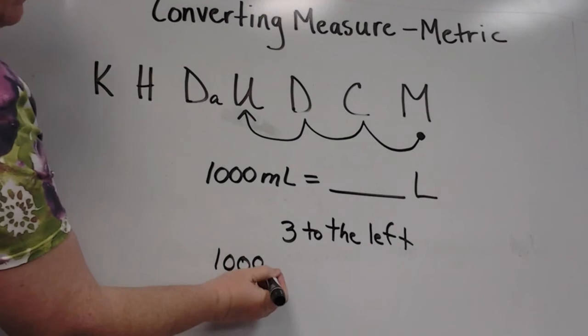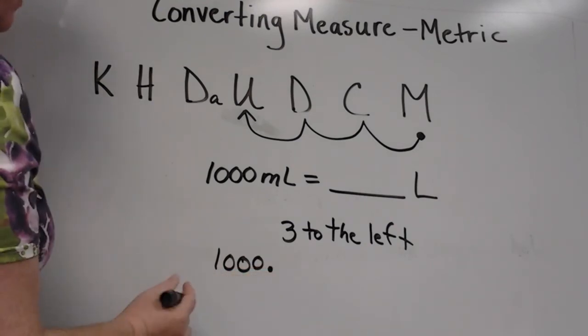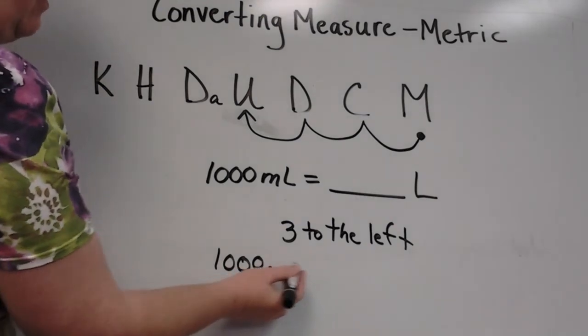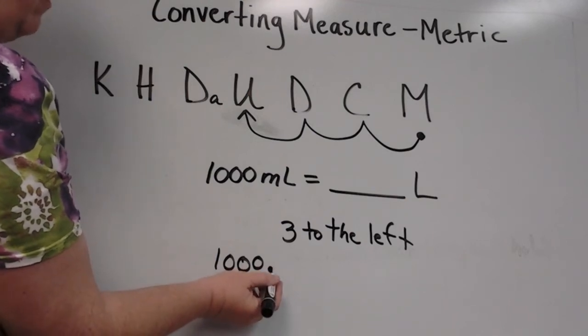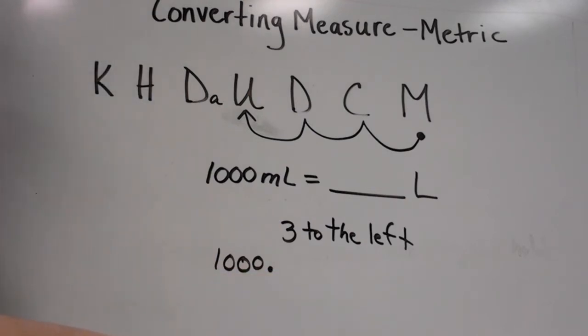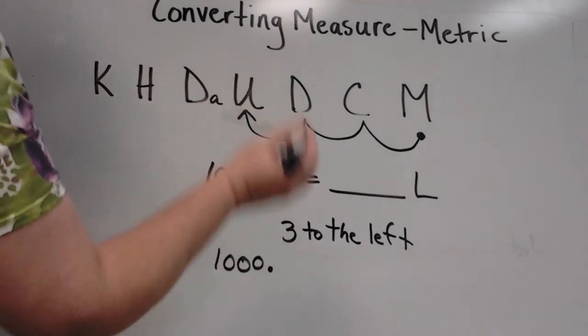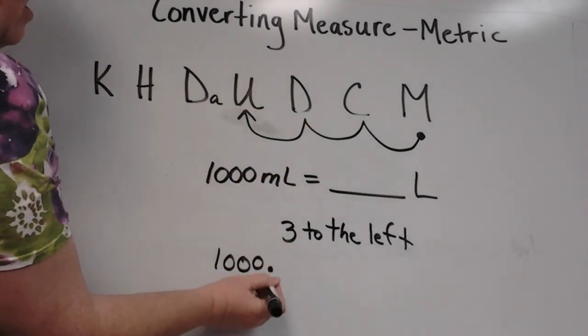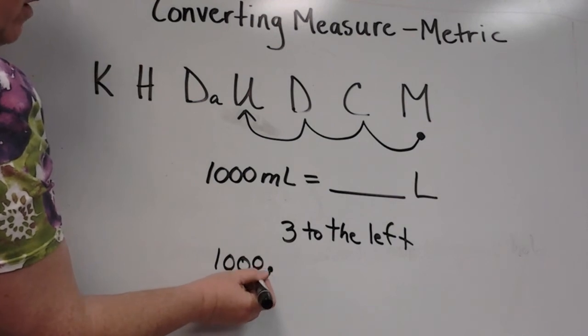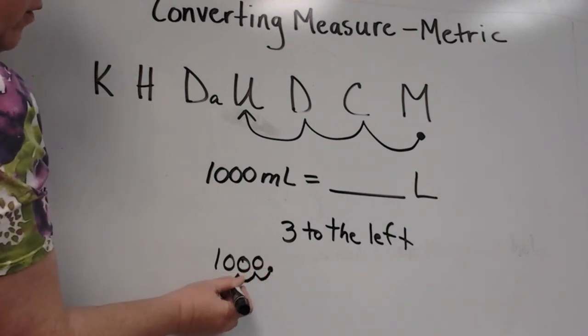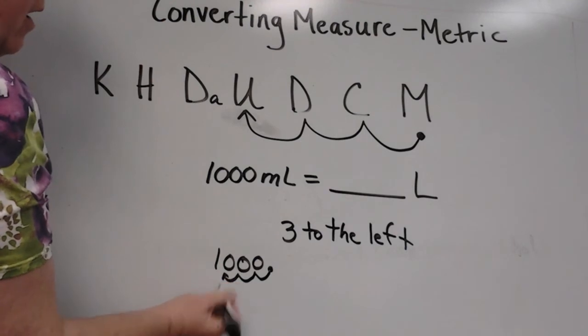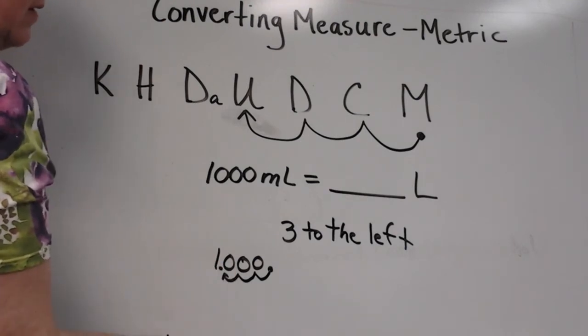Well, it always lives here at the end, doesn't it? They just don't write it unless there's something on this side. But it can be put there, can't it? That means the same as that, doesn't it? Yes. So I'm going to take my decimal point and I'm going to move it 1, 2, 3 to the left. And now my decimal point lives there.